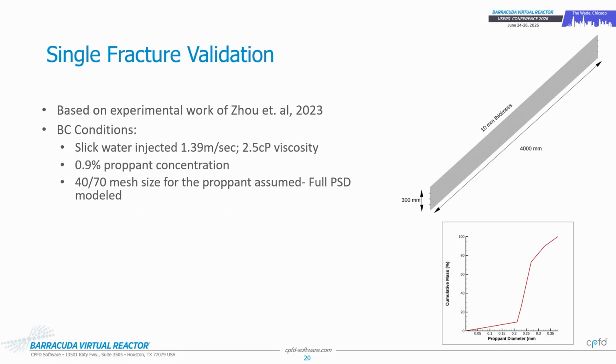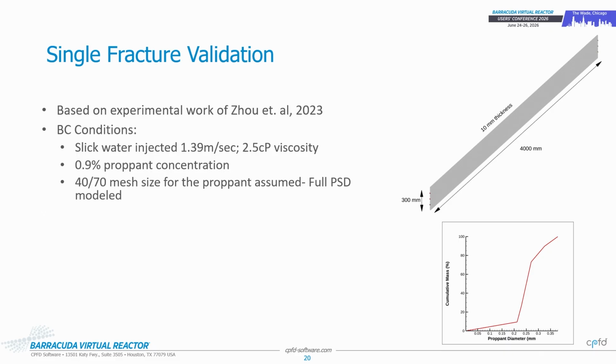All right, I've got a simple example case here. This is actually a lab case that is 4,000 millimeters in length. It's about 300 millimeters tall here. I've got a 10-inch thick fracture down here. And again, as I was saying, imagine you come down that horizontal path, and this is how it's extending into the rock.